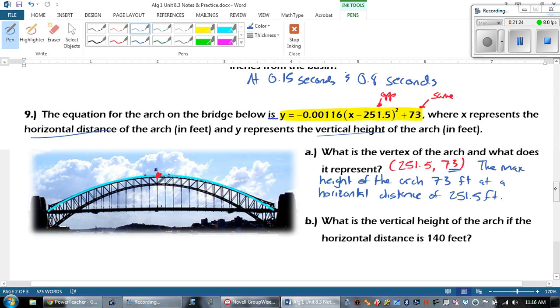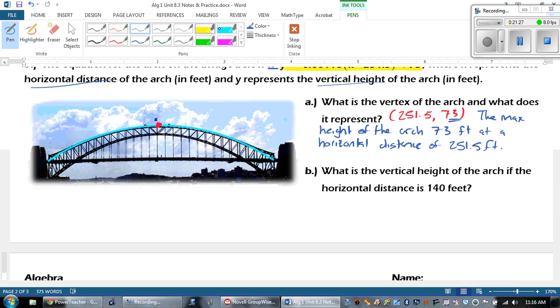So they're telling me the horizontal distance. So they're telling me the x. So I know the equation y equals negative 0.00116. I'm plugging in 140.